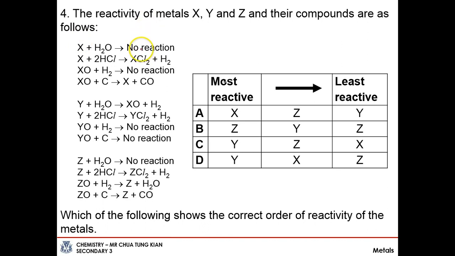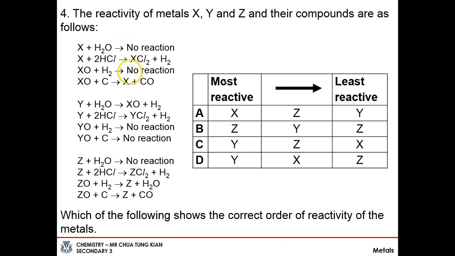So if you observe the no reaction parts, no reaction means that the metal compound must be very unreactive because it doesn't react. So we look through to see which one has the most number of no reactions. No reaction with water, no reaction with H2 and C, no reaction with water again, and no reaction with H2.